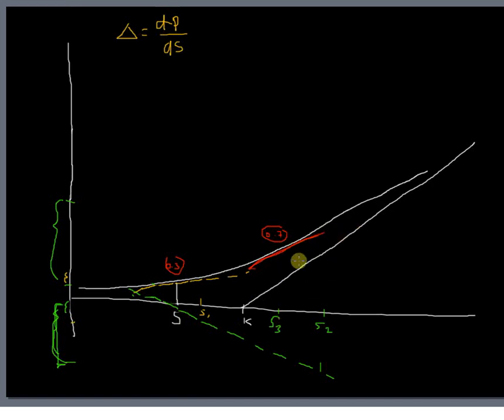Have we done that? When S subsequently moves from S3 to S2, the movement here will be much more equal to the movement in the underlying share price. So a 0.7 hedge here will be equivalent to this.